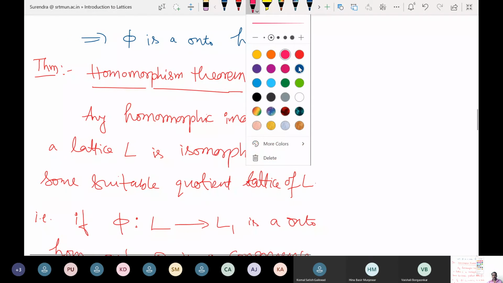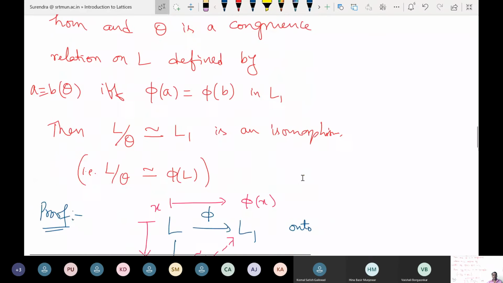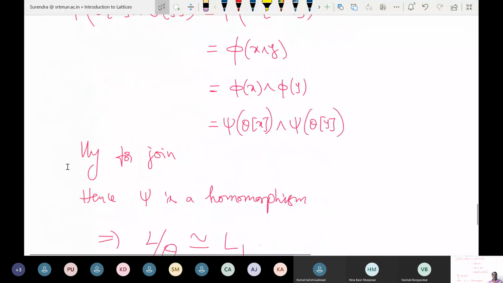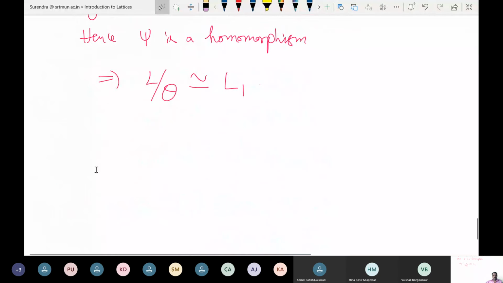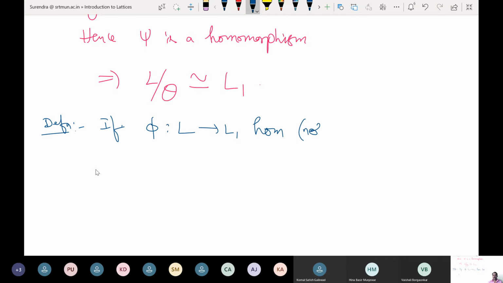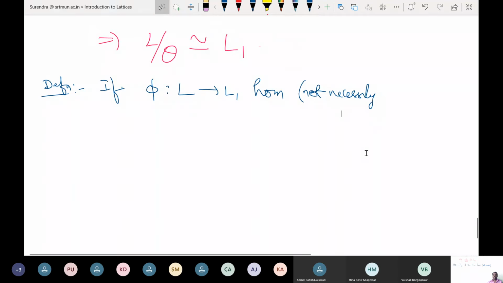So let me change this color. So we have seen the first homomorphism theorem for lattices. You can call some definitions here based on these observations. Suppose phi is a map from L to L1, if it is a homomorphism, not necessarily onto.